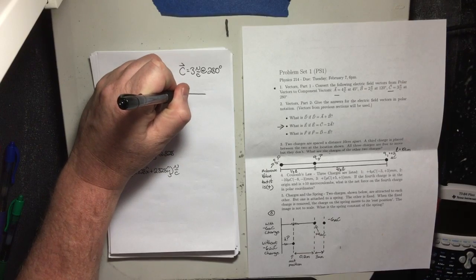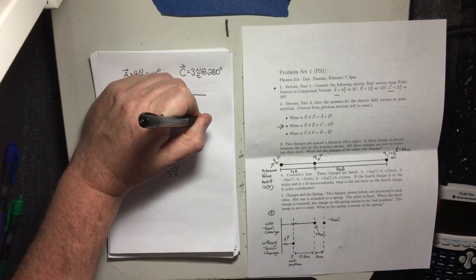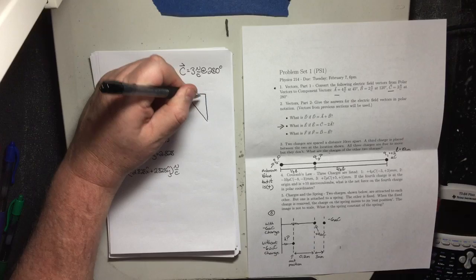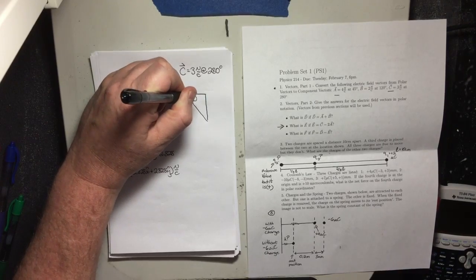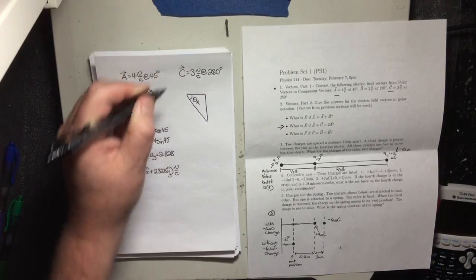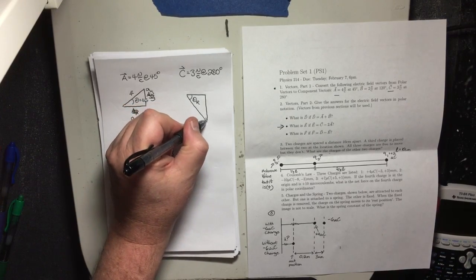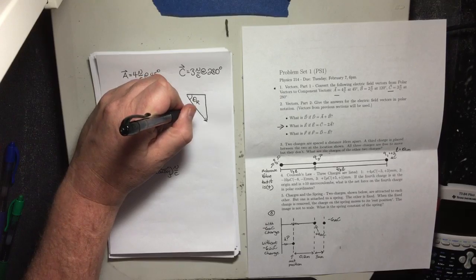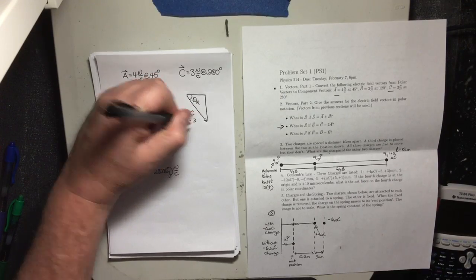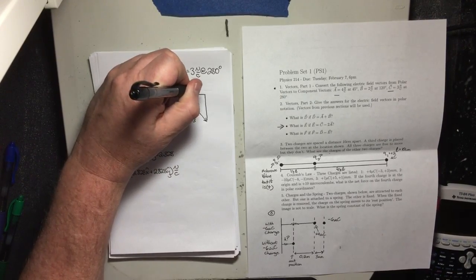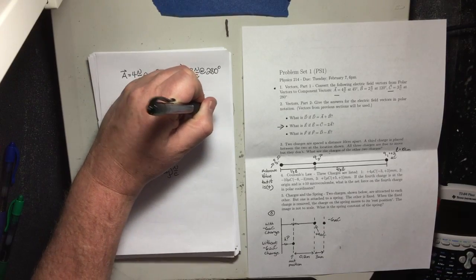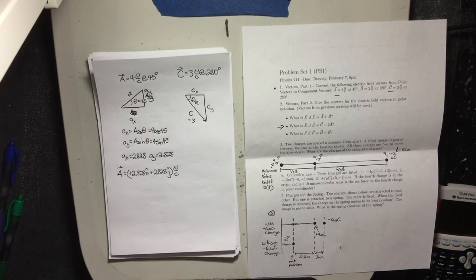Fourth quadrant vectors are drawn like this. For those of you who are new, I always draw my x component first and then my y. That is my C, or 3. This is Cx lowercase, Cy lowercase.